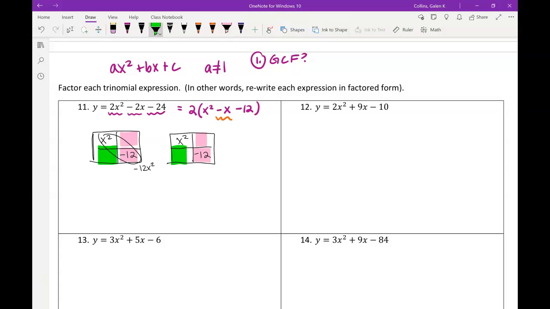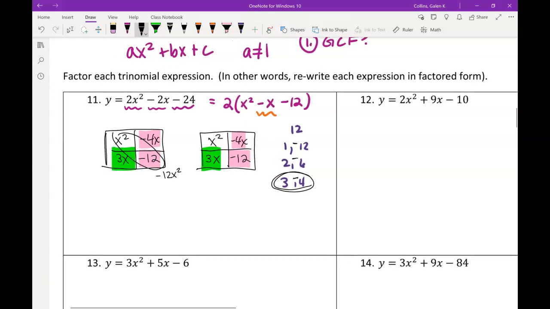So if I think about numbers that multiply to 12, I've got 1 and 12, 2 and 6, 3 and 4. But for them to add up to a negative number, one of the numbers has to be negative, and it would have to be the greater of the two numbers. So now I just say, which of these has a sum of negative 1? Well, that's going to be 3 and negative 4. So I have a negative 4x and a 3x in both my rectangles.